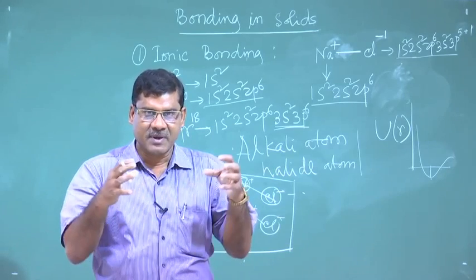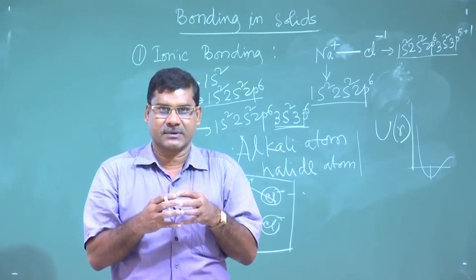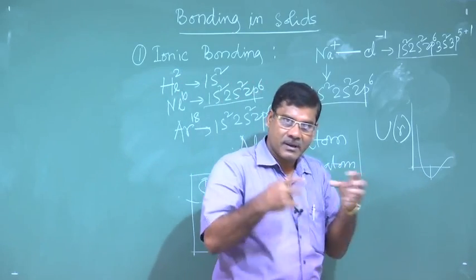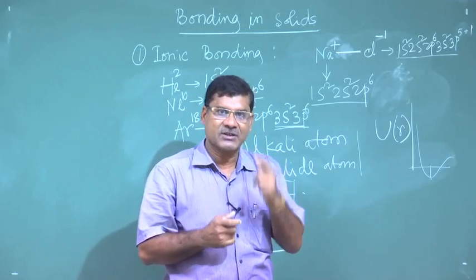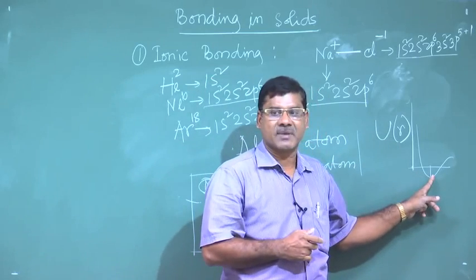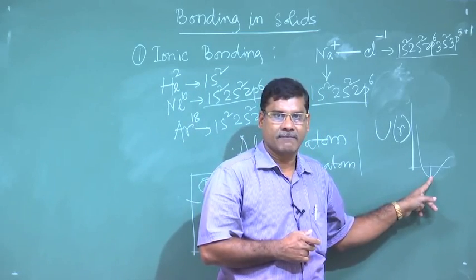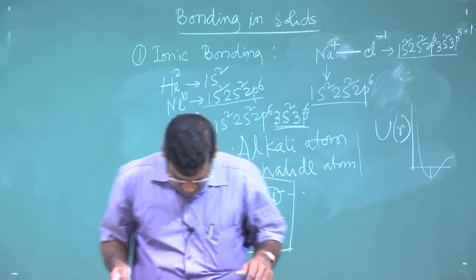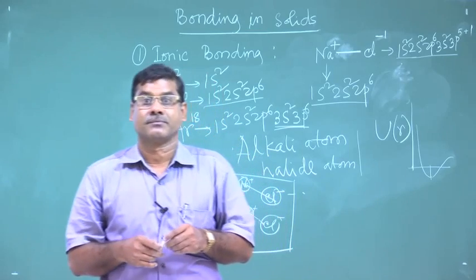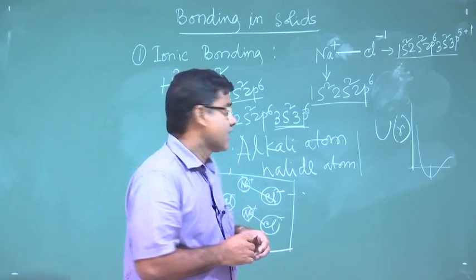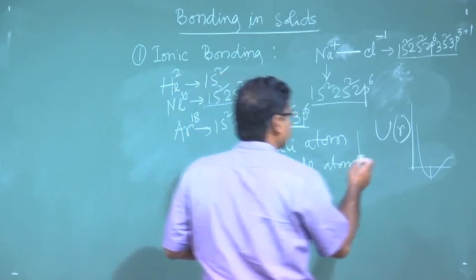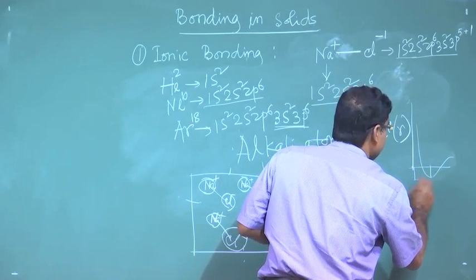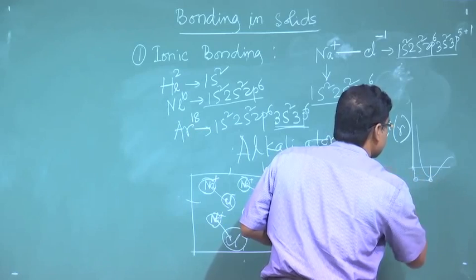Balancing between these two forces will give zero force, and at that zero force the potential becomes minimum. That will be taken as the minimum, the equilibrium position between these two atoms.